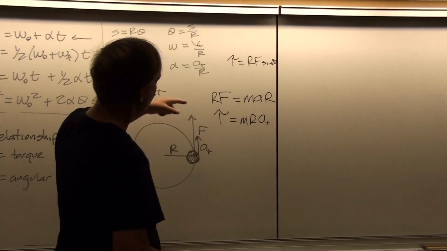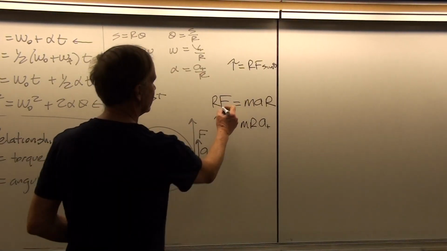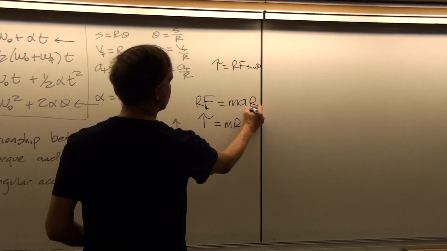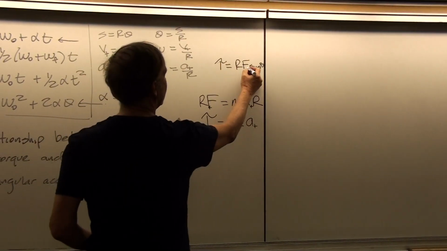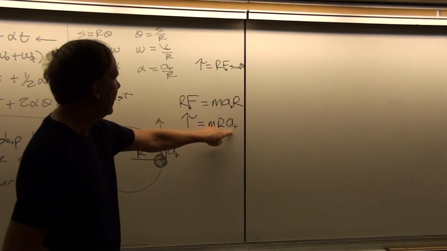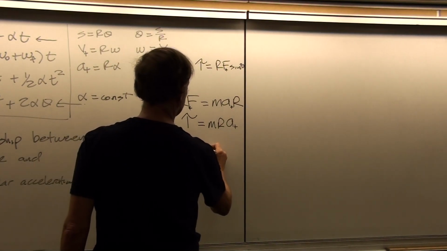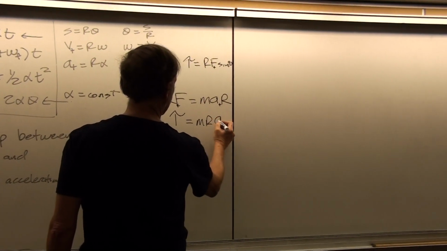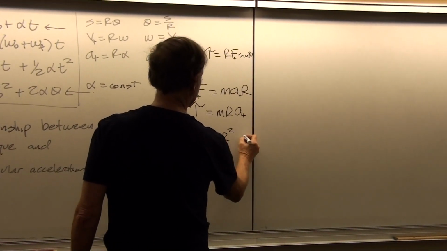And so now we're just trying to put things, instead of having them in terms of force and tangential acceleration, because this is a tangential force, that's a tangential acceleration, we instead are going to write it in terms of torque and alpha by writing that torque is equal to mr times r alpha, or mr squared alpha.